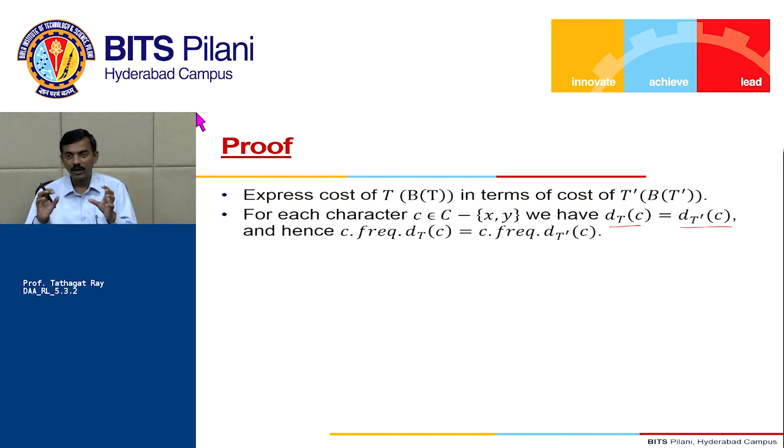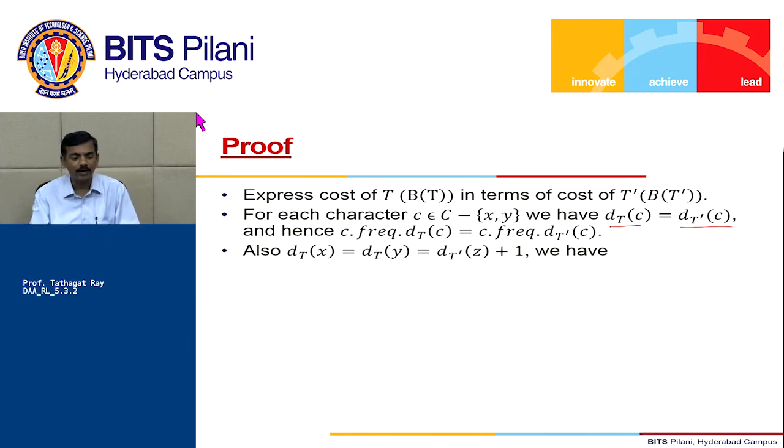So for every other character apart from x and y, the depth of that character in T is the same as in T'. We are not going to change anything there, and hence c.freq times d_T(c) is going to remain c.freq times d_T'(c), because the depth of c in these two trees is not changing.